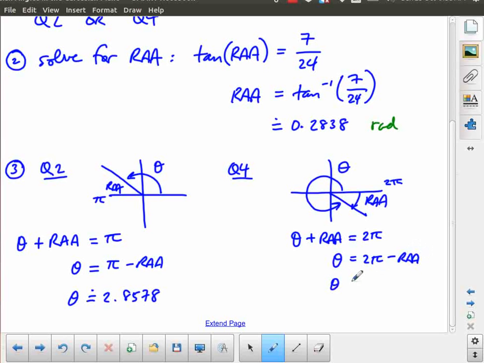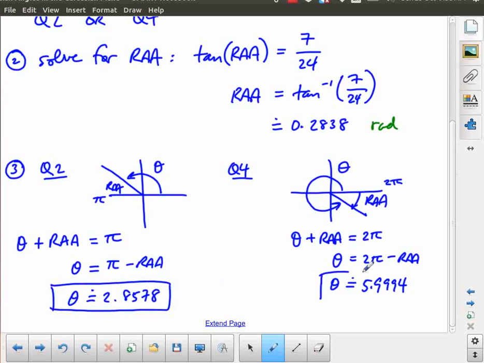So I end up with theta approximately equal to 5.9994. I'm just going to double check that one. 2 pi minus 0.2838 equals 5.9994. Yes.